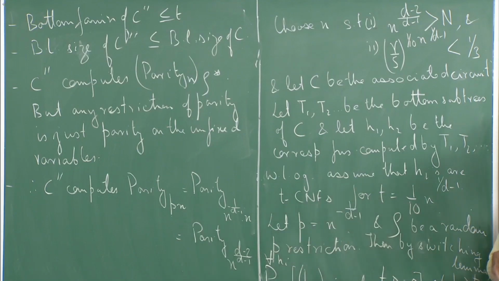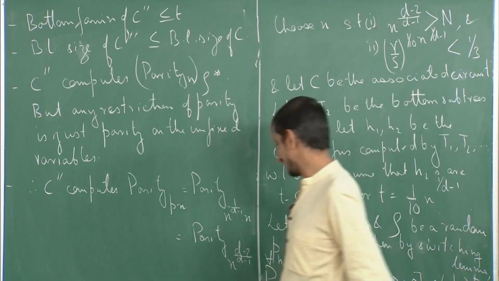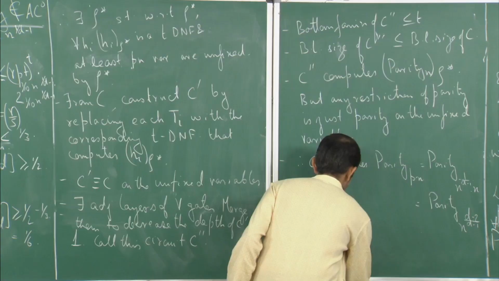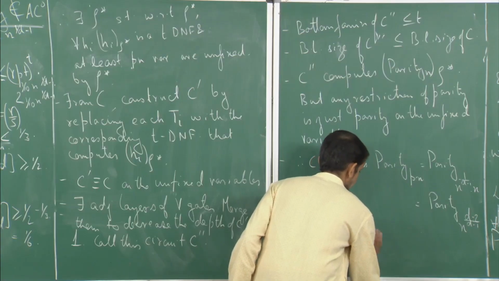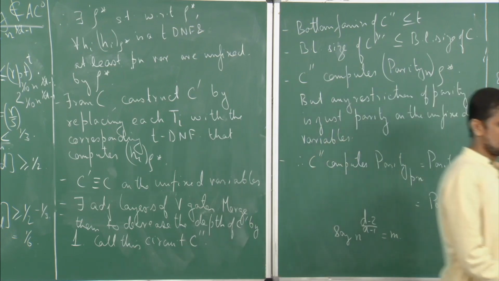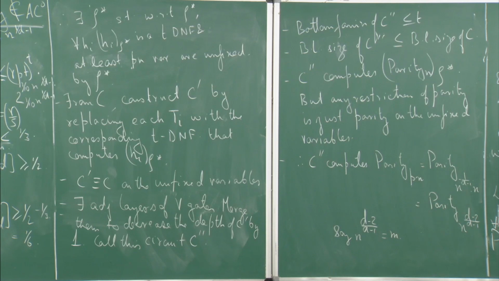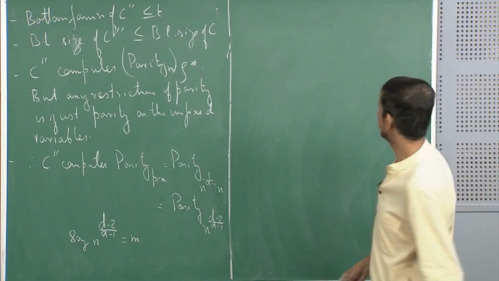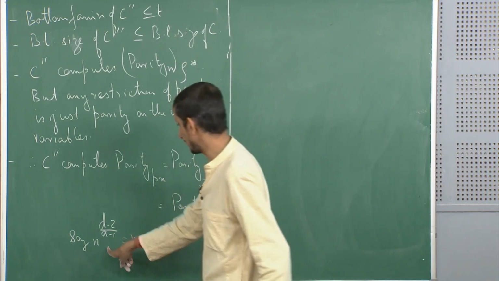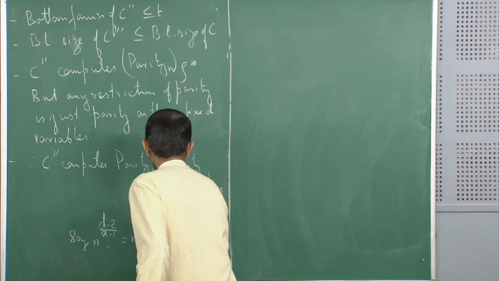Now, we will get a contradiction. So, now let us take this value as m. So, say n to the power d minus 2 by d minus 1 is equal to m. So, what do we get? And of course, note that by our choice this m is greater than n.